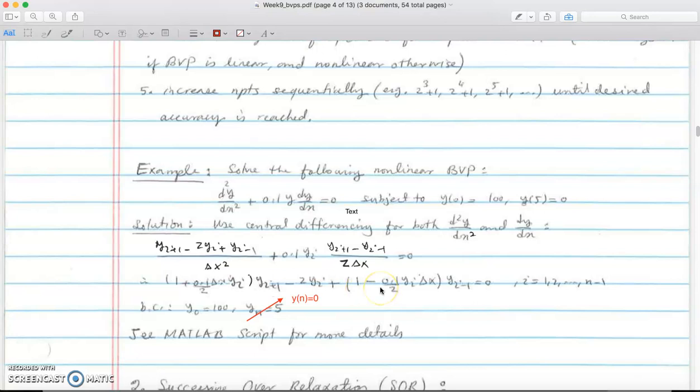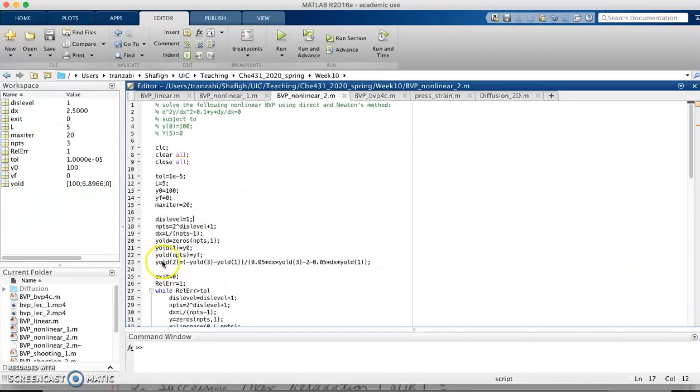Out of these 3, you know 2 of them. You can only solve for y1, which is the middle one. So you plug in yi plus 1 and yi minus 1, and from here you solve for yi, which is this equation. So I'm solving the middle one in terms of the 2 side ones. By that, I have solved the problem using 3 points in my domain.